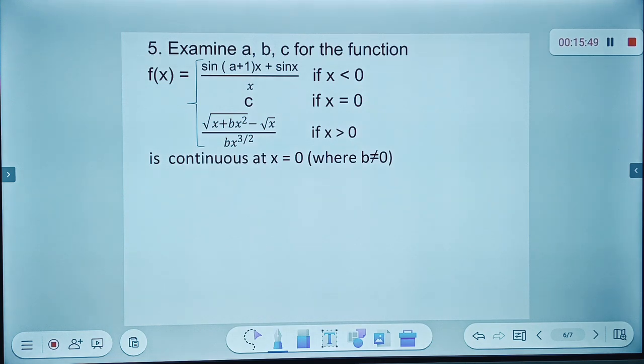Let us look at the next problem. You have to find the values of a, b and c if f is given to be continuous at 0. f is defined differently for x less than 0 and x greater than 0. For x equal to 0, the value is given to be c. So we need to find the values of a, b and c, given that the function is continuous.